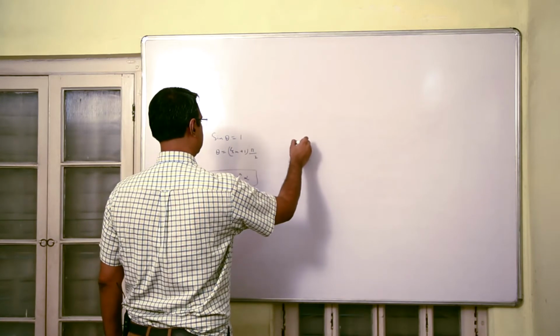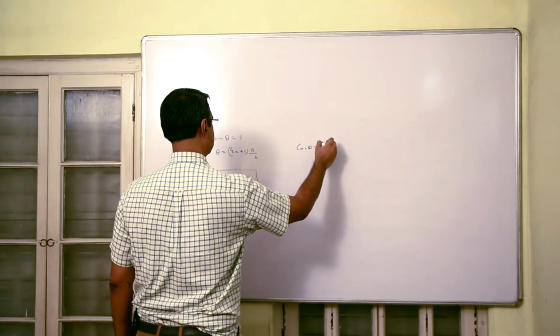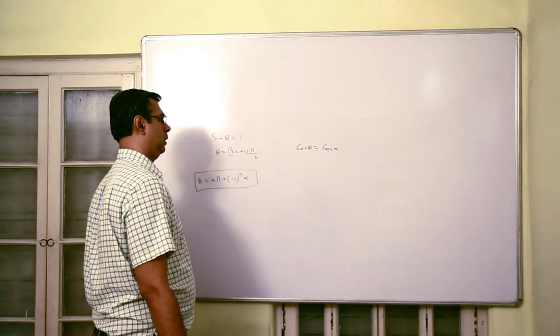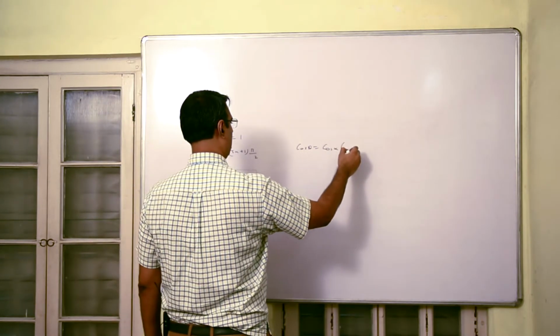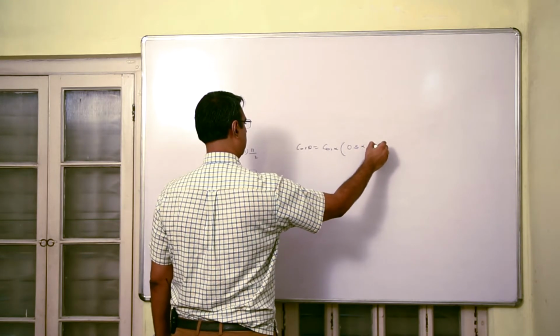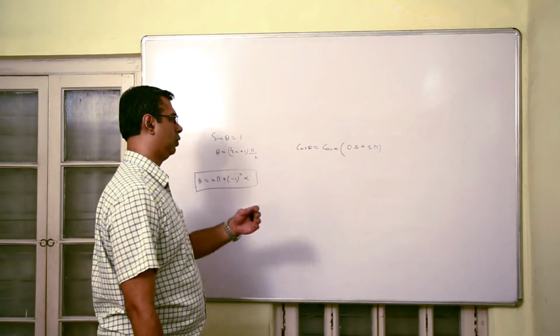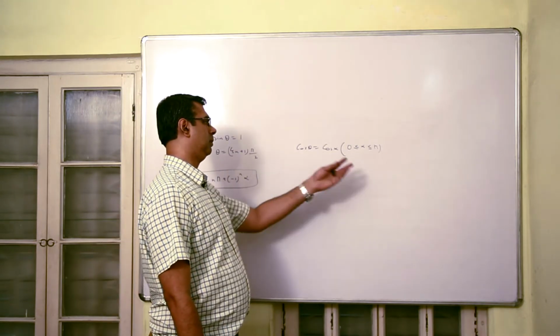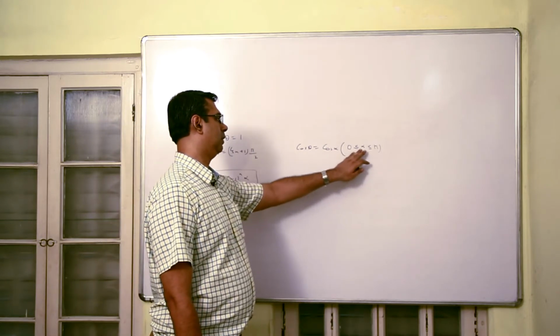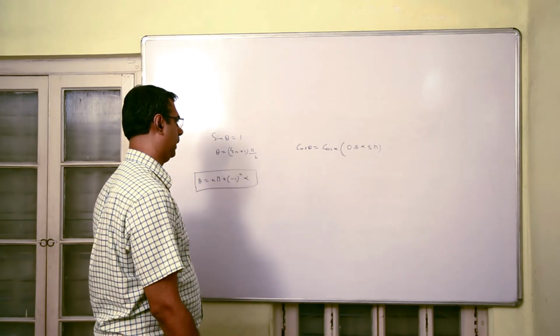Now let's discuss cos theta equal to cos alpha. You know that cos goes from the maximum value of cos 0, which is 1, to the minimum value of cos pi, which is minus 1. So the principal value alpha should lie between 0 to pi.